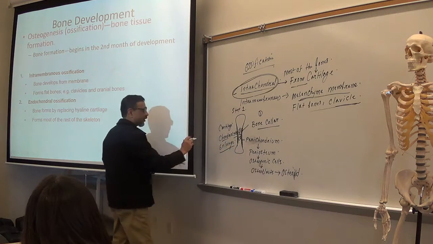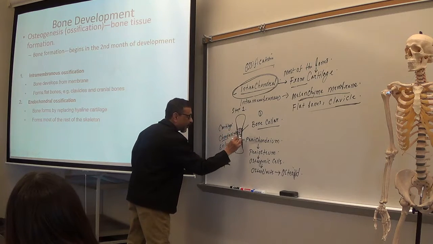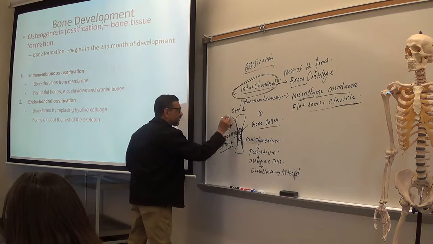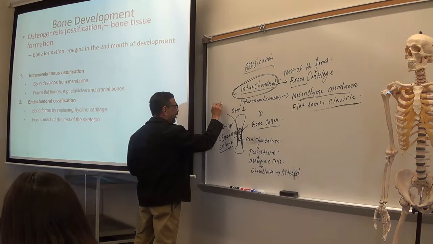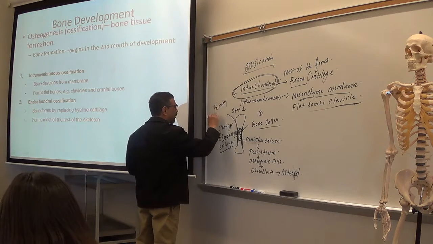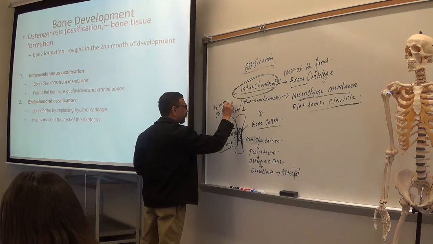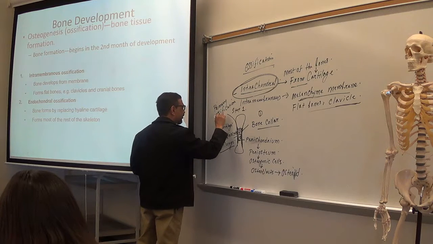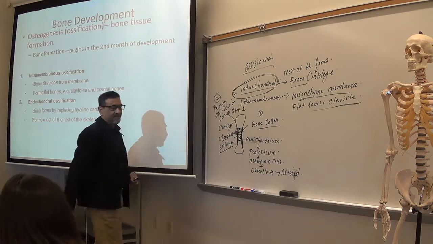Okay, chondrocytes enlarge, and this area is called primary ossification center. This is number two.